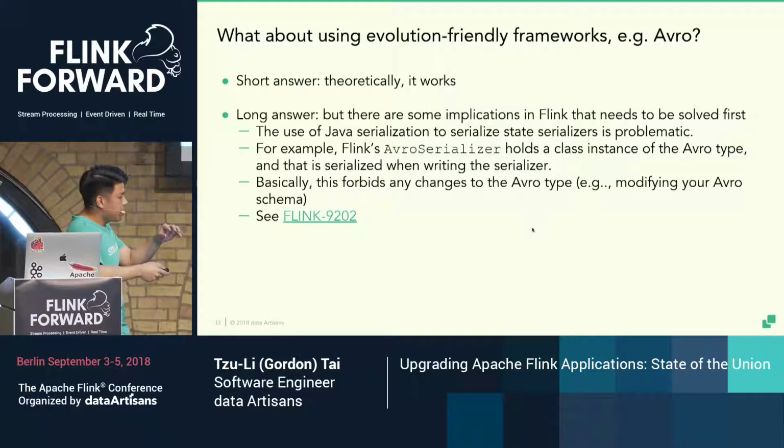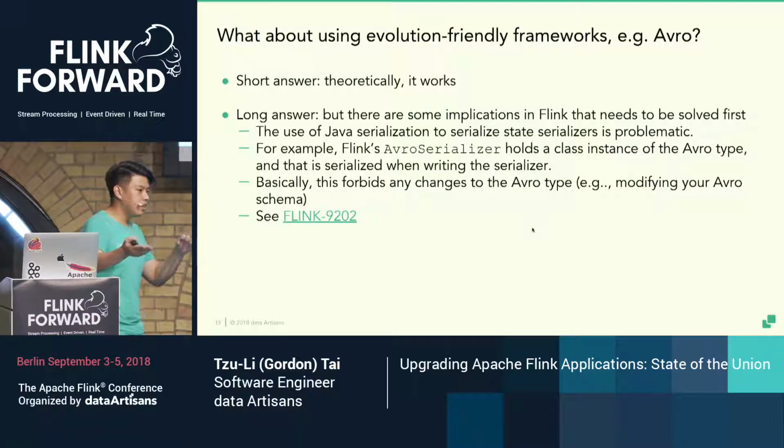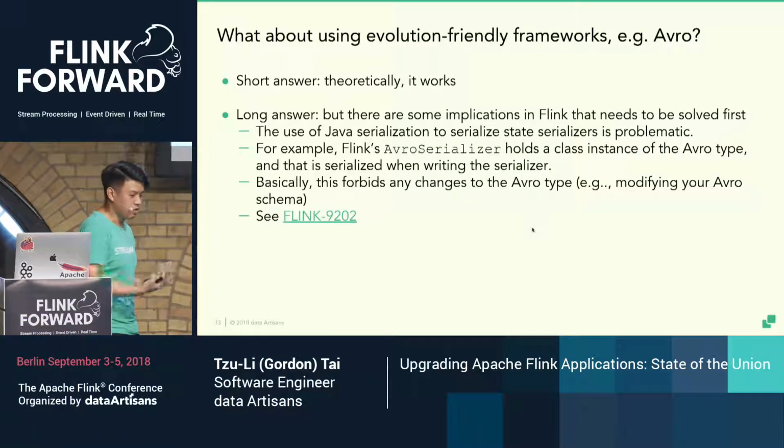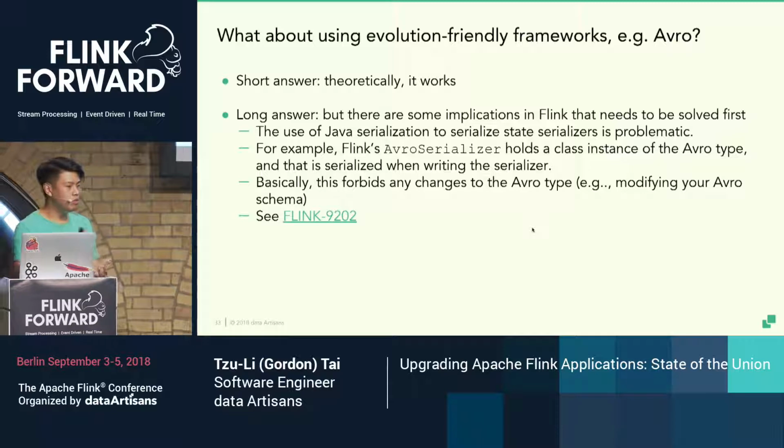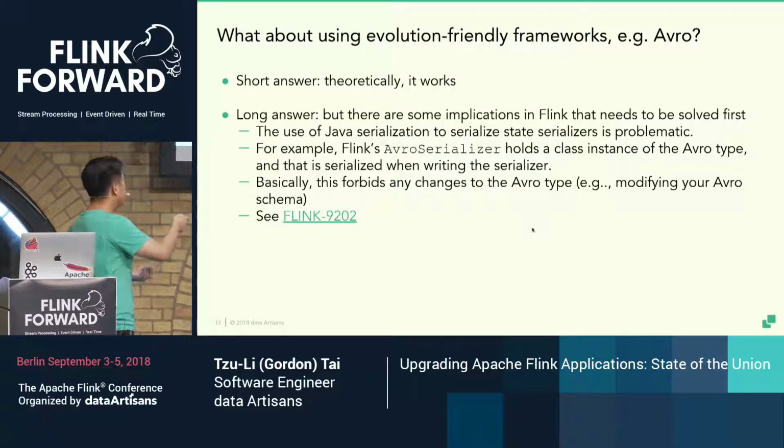And let's say you change the Avro schema, that would generate a different Avro type class with a different serial version UID, and this would get in the way of Java serialization when we want to restore this Avro serializer. So it's all rooted in the fact that we actually shouldn't be using Java serialization to write the serializers in the save point.